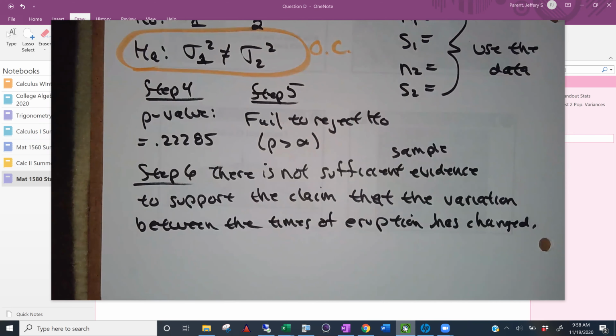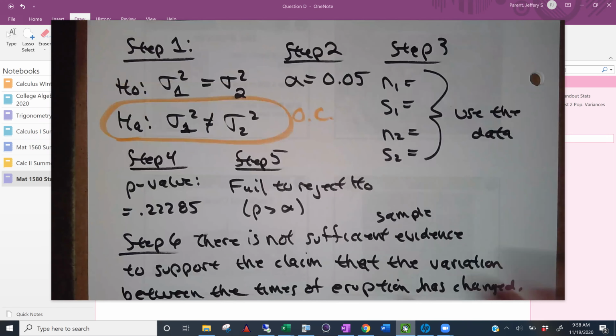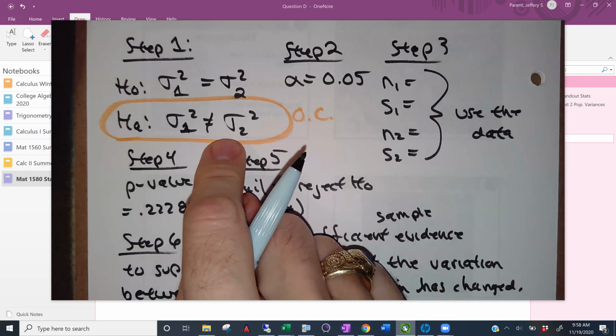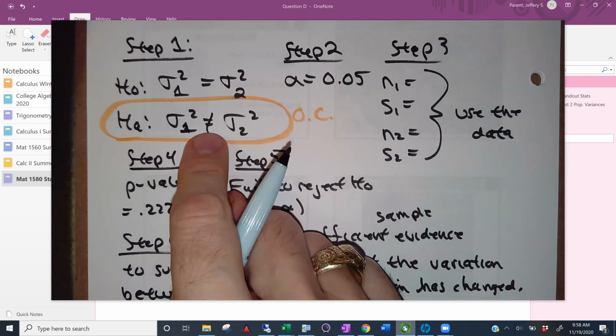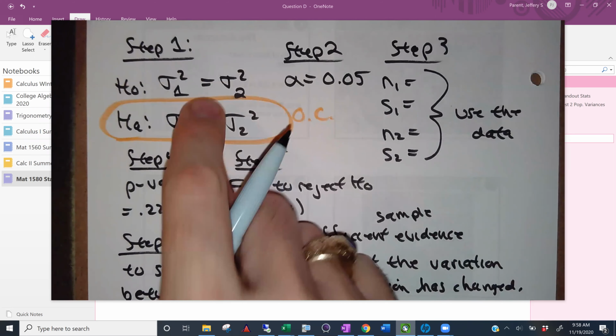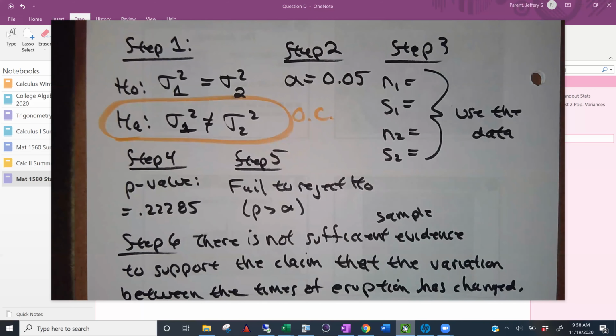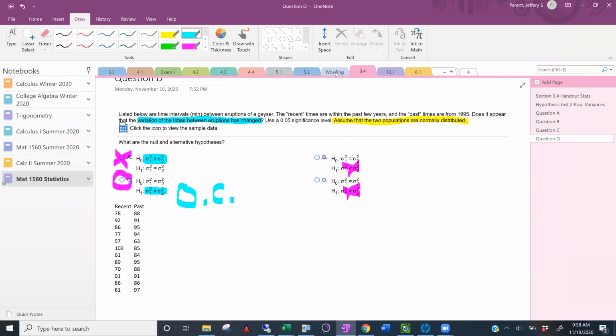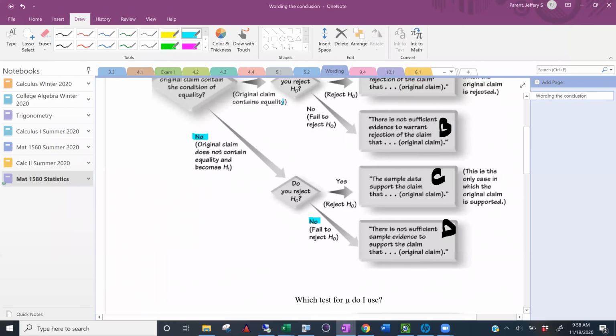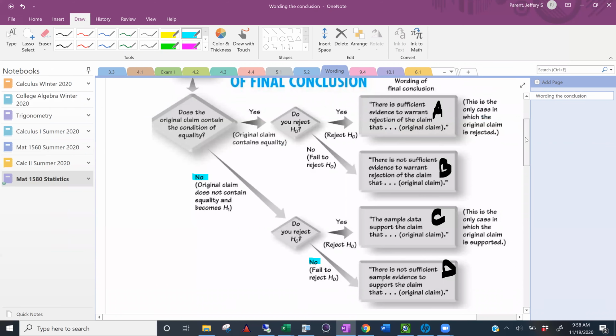Yes. I have a question about step 6. So why did we say that it's D from the hypothesis test wording, not B? Because in my mind, the original claim is this one. That's the claim that we're testing. And that doesn't include the possibility of equality. So that puts you down the bottom branch on our hypothesis testing. Let me go back to that right here. But I mean, Shane was kind of thinking this along the same lines as you did.